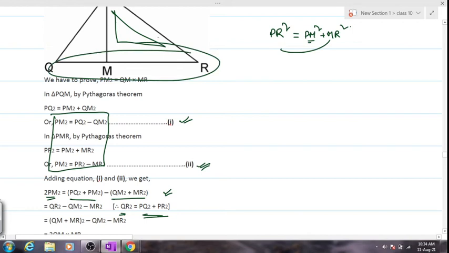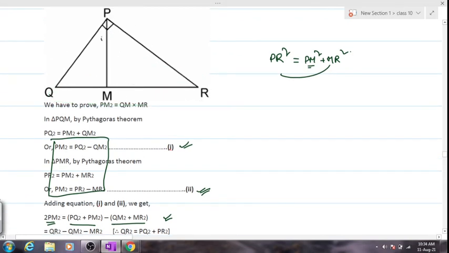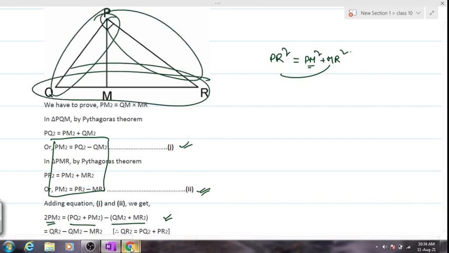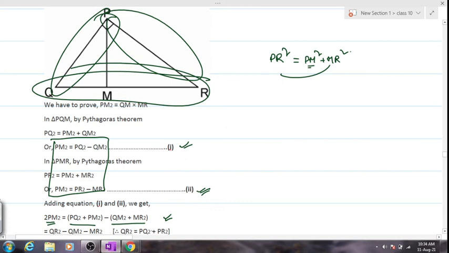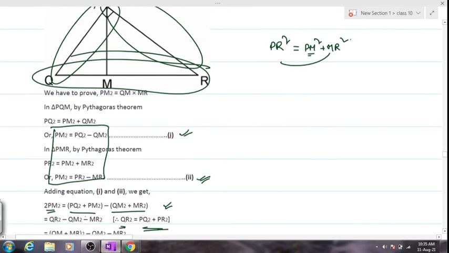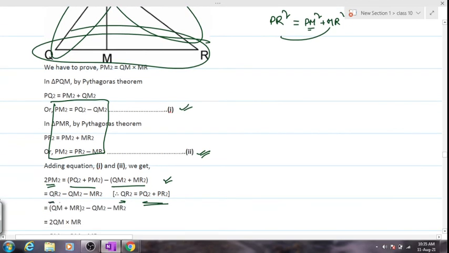Look at this triangle, this entire triangle. This square plus this square will be equal to hypotenuse square. Yes or no? So this is replaced by QR square. Clear? And this one remains as it is. We expand this.